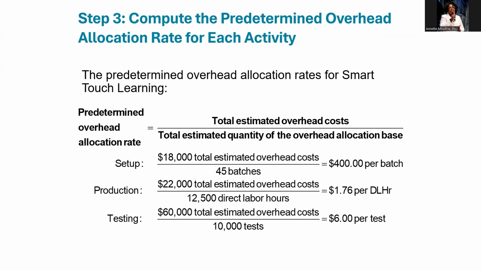You would use the same formula that you see here and the one shown earlier: total estimated overhead cost for the activity divided by total estimated quantity of the allocation base for the activity.